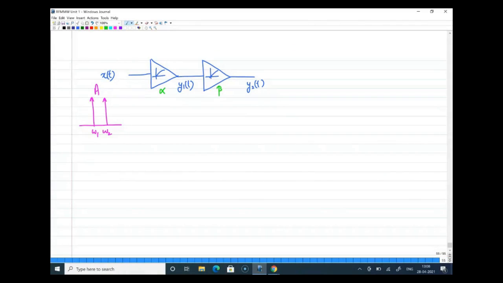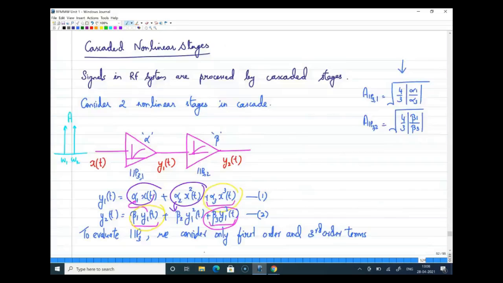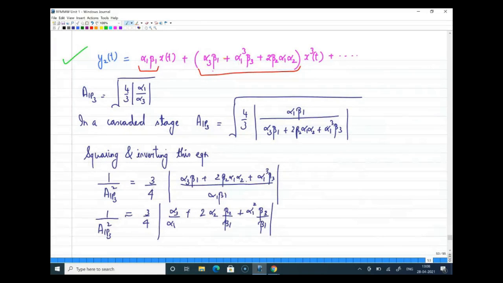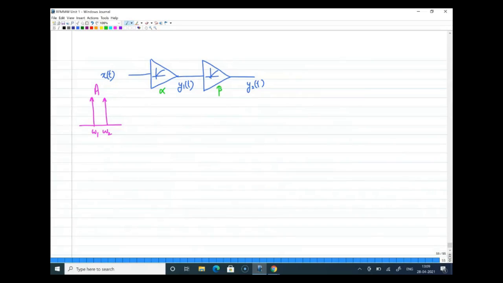If you have omega 1 and omega 2 with amplitude A as x of t, which components should be considered at y1 of t, and which will come at y2 of t? I hope you are working on that.